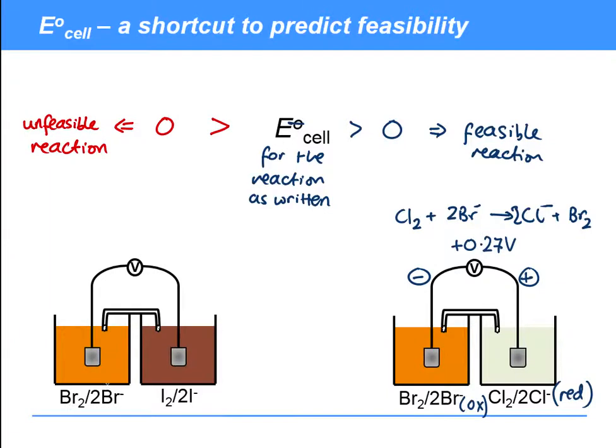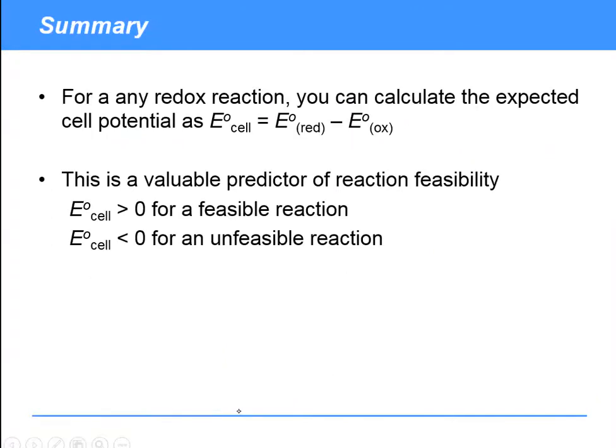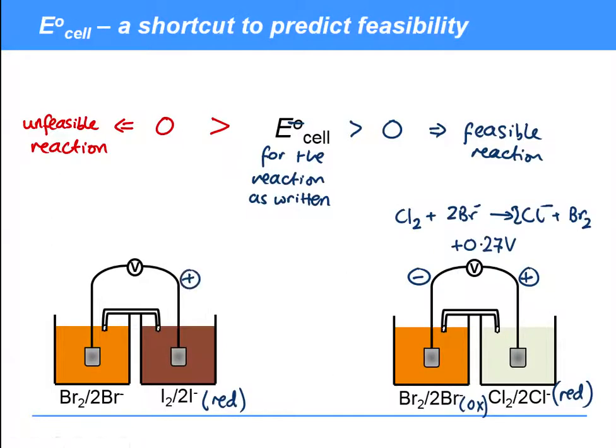However, in the case of bromine and iodine half cells, we again said we want iodine to be reduced, so that had better be the positive electrode because that's where reduction happens, and therefore the bromide which is being oxidized is going to have to be the negative electrode. However, when we do that, we find that the potential difference is actually minus 0.55 volts. What that means is that we were wrong to put iodine as the positive electrode.